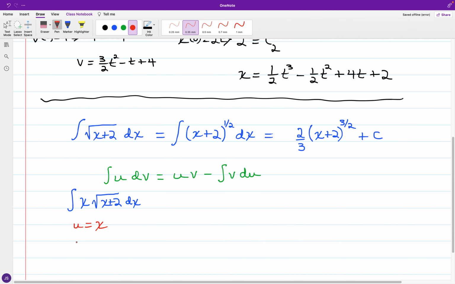So u is equal to x, and du is equal to dx. And dv is equal to the square root of x plus 2 dx.